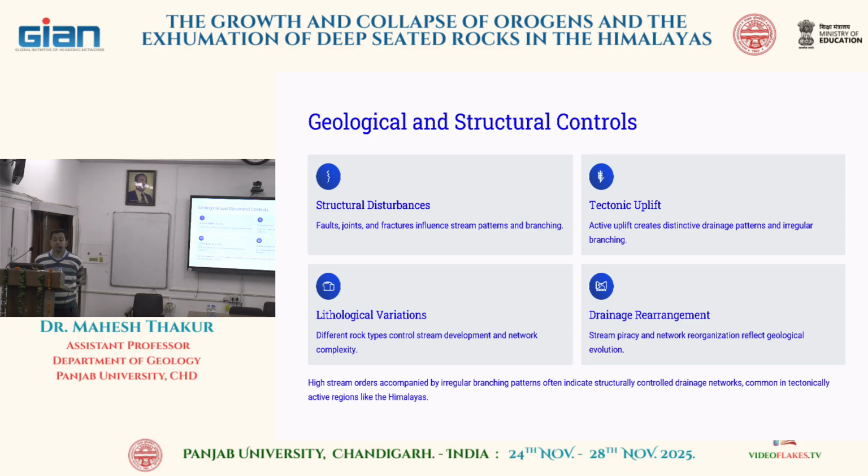That is a good example. Then drainage rearrangement, stream piracy, and network reorganization reflect geological evolution. High stream order accompanied by irregular branching pattern often indicates structurally controlled drainage networks, common in tectonically active regions like the Himalayas.